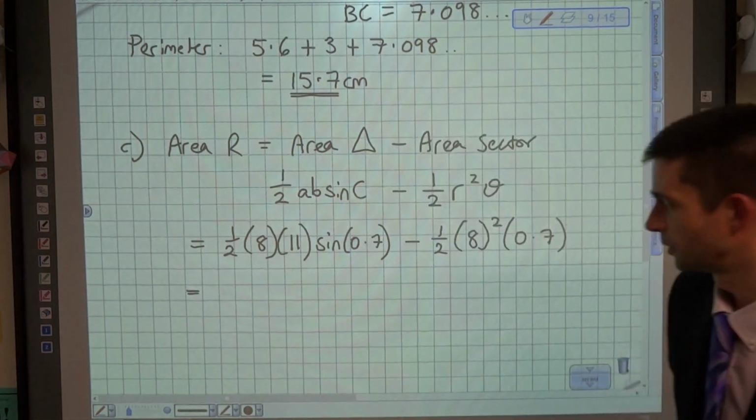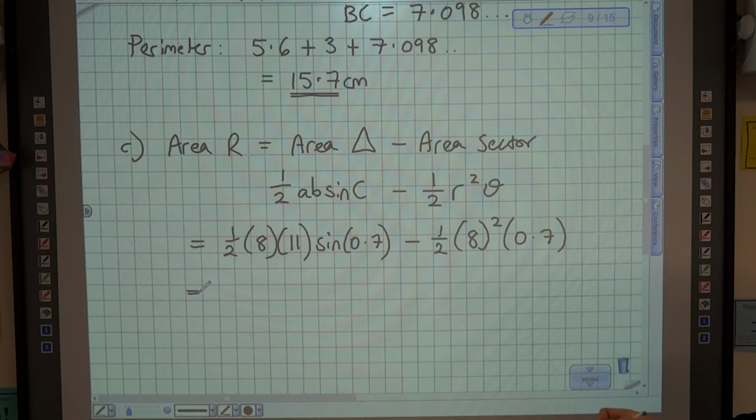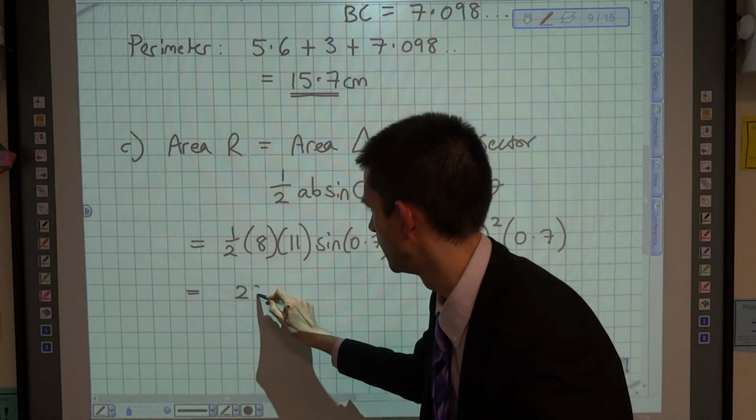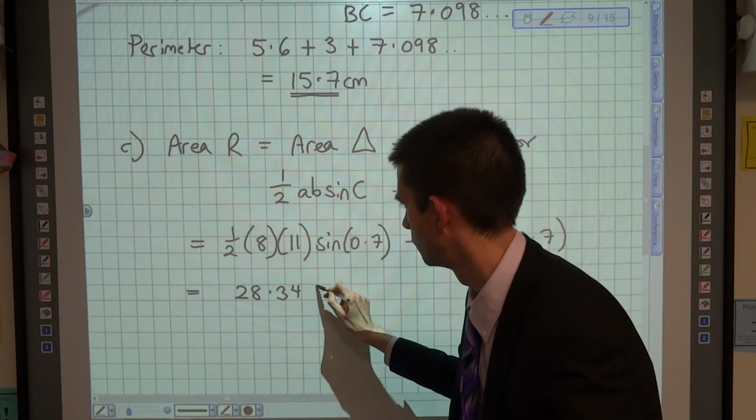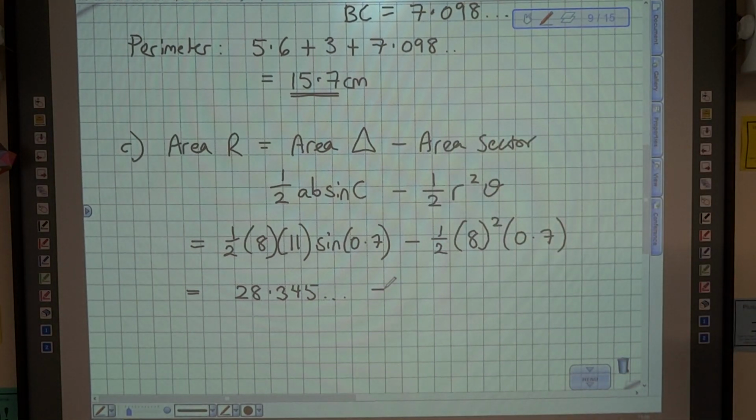I'm going to work that out as two separate calculations. Half times 8 times 11 times sine 0.7 is 28.345, minus a half of 8 squared times 0.7, which is 22.4.